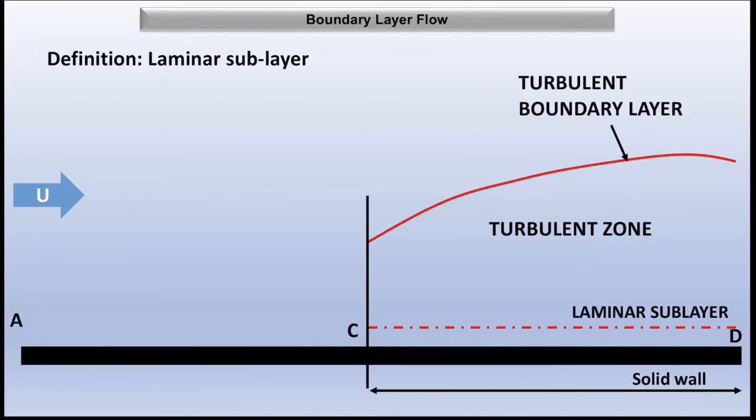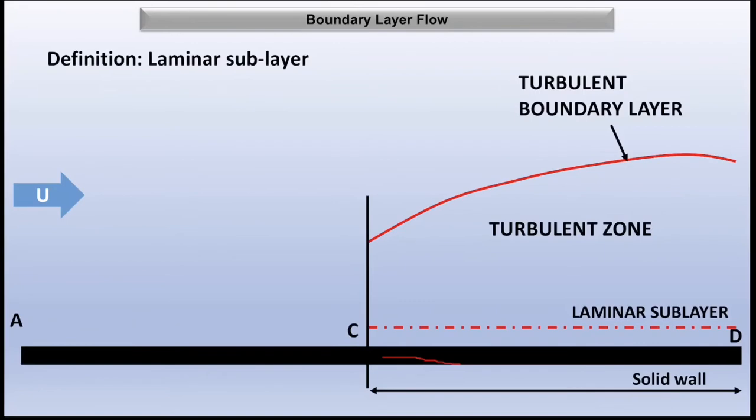In this turbulent boundary layer zone, adjacent to the solid surface, the velocity variation is influenced only by the viscous effect. Though the velocity distribution would be a parabolic curve in the laminar sublayer zone, in view of the very small thickness, we can reasonably assume that the velocity variation is linear, so the velocity gradient can be considered constant.